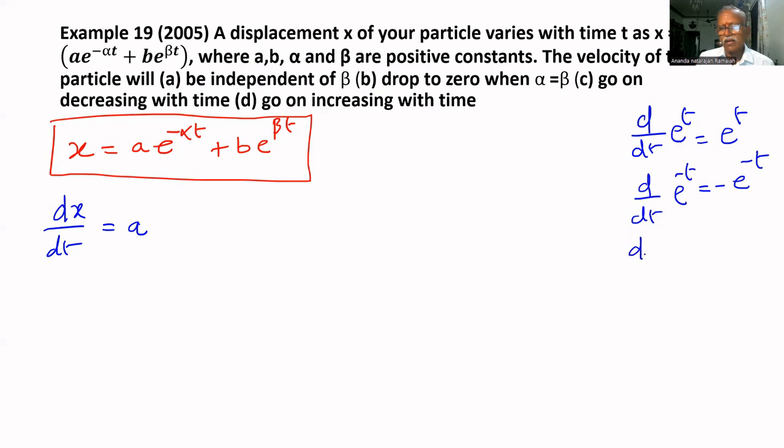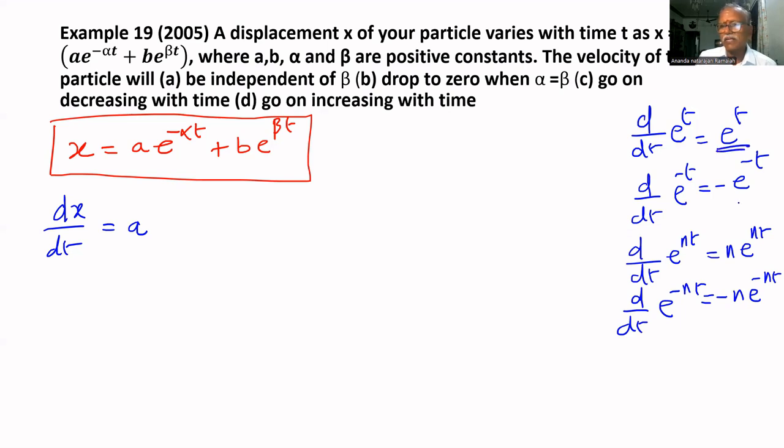Generally, d by dt of e power nt equals n e power nt, and d by dt of e power minus nt equals minus n e power minus nt. If you differentiate the exponential function, you will get the same function, but the coefficient will change.